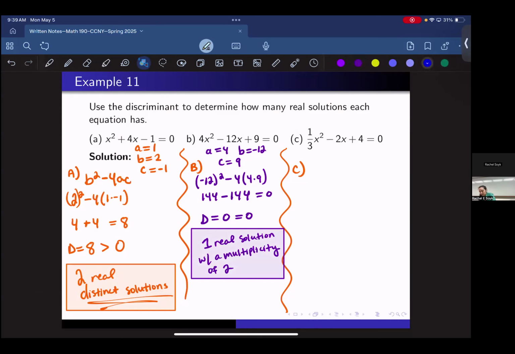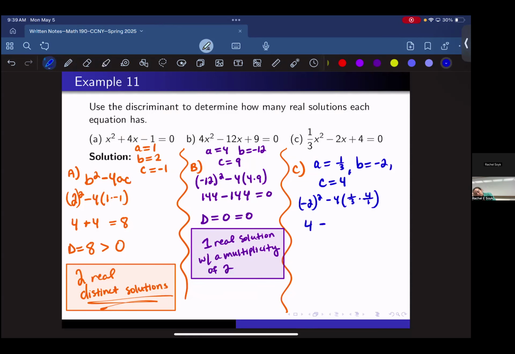Last but not least, I think you guys are catching the drift here. Probably going to have imaginary at this point. So we have negative 2 squared minus 4 times a times c, which is just 4 over 1.